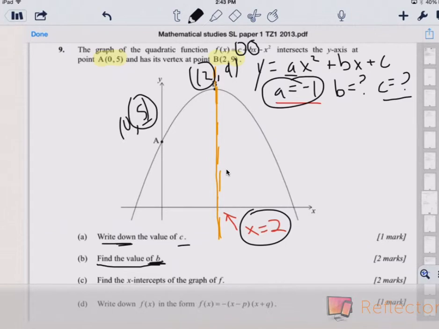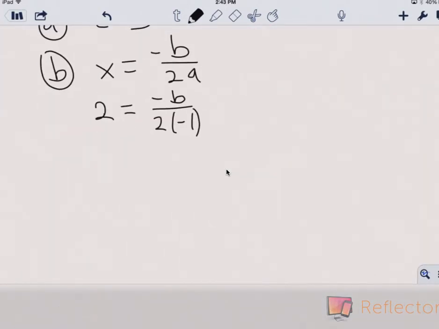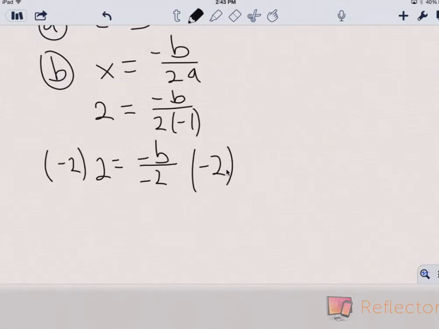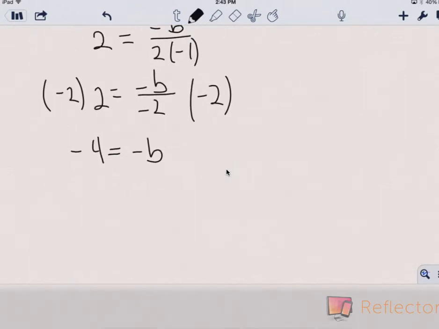We got that from the equation given. Okay, with a little bit of algebra, multiply both sides by -2. And then finally, we have -4 equals -b, but positive b, which is what we want to know, is equal to 4. And that's your answer for that.